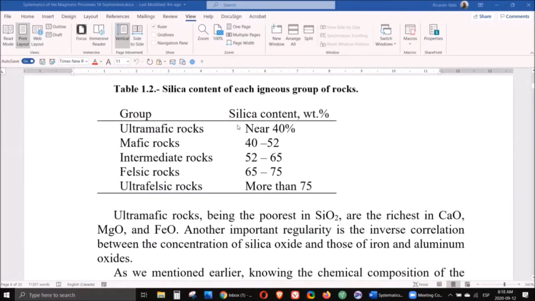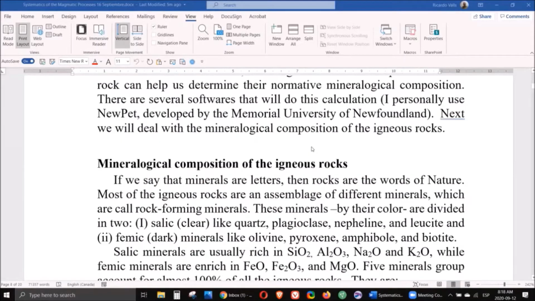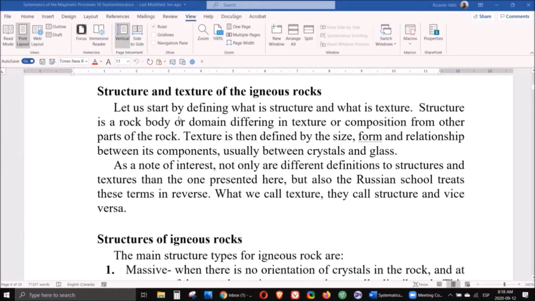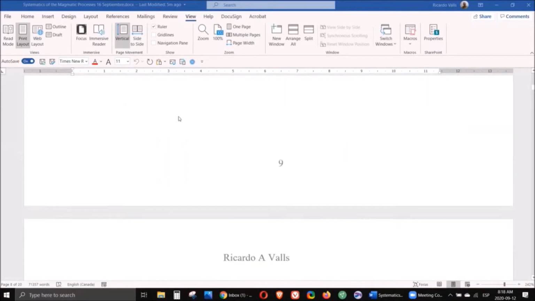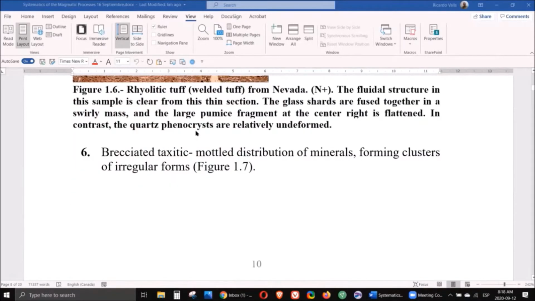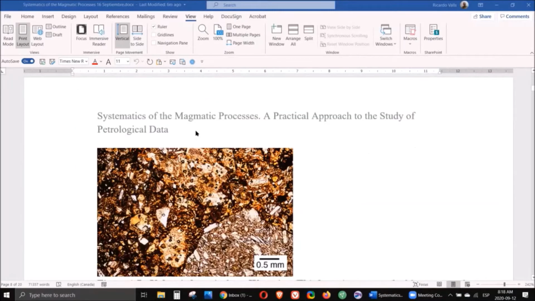Then you have the silica content for different types of igneous rocks, from ultrafelsic to ultramafic. Then we talk about the mineralogical composition. Of course, plagioclase being the most common mineral, followed by quartz, amphibole and pyroxenes. Then we talk about the structure and texture of the igneous rocks, with several examples with pictures. This is very useful when working in the field.